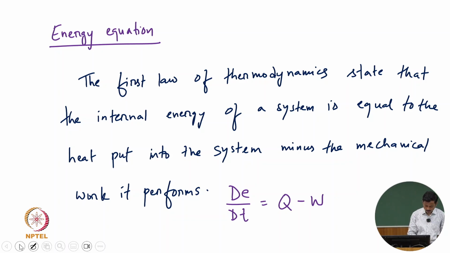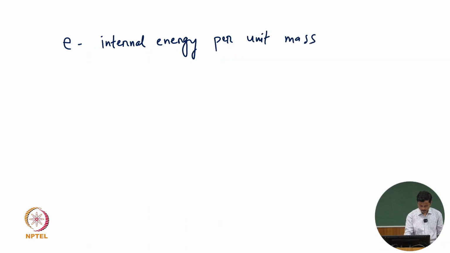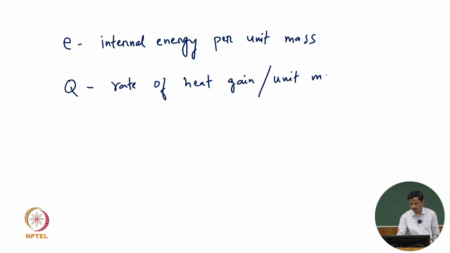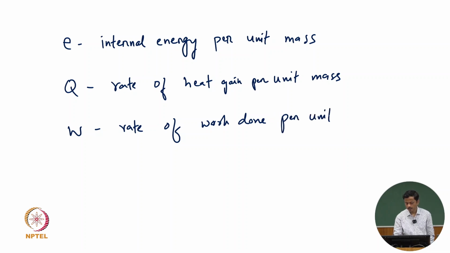Heat input. So describing these variables: E is the internal energy per unit mass, Q is the rate of heat gain per unit mass, and W is the rate of work done per unit mass.